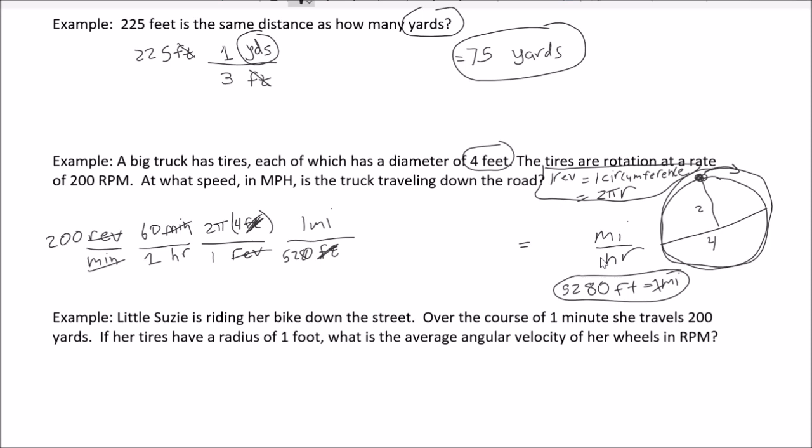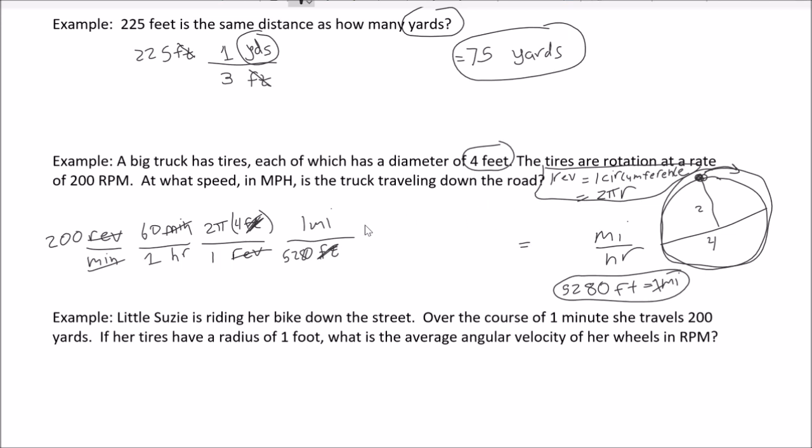So what that means is we're now going to go to the calculator. And I'm going to talk you through somewhat slowly how we type this in. What I'm going to do is I'm just going to read this thing left to right. I'm not typing in letters. I'm only typing in numbers. So I'm going to do the numerators first. So I'm doing 200 multiplied by 60 multiplied by 2 multiplied by pi multiplied by 2.